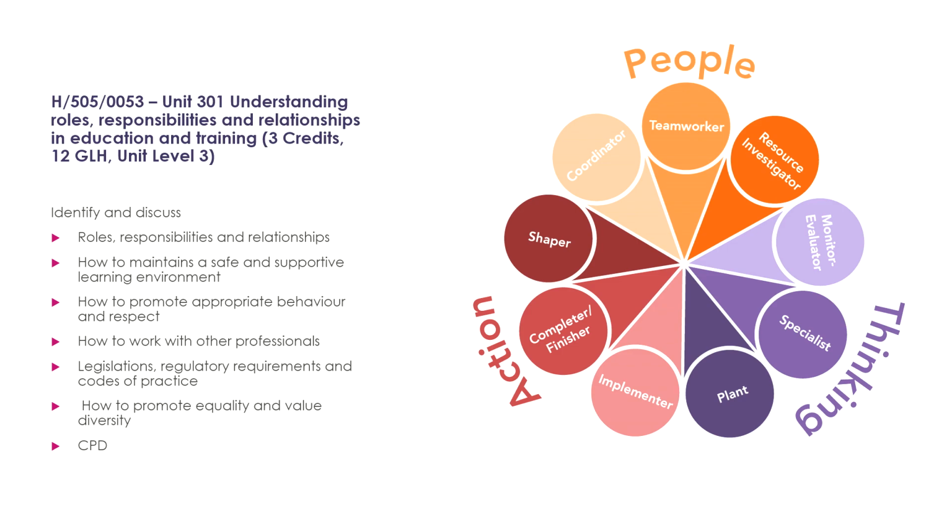And we will be discussing how to maintain a safe and supporting learning environment, and then we'll be looking at how to promote appropriate behavior and respect. Then we will look at how to work with other professionals. As part of that, we'll also be looking at legislation, regulatory requirements, and also the codes of practice. And we will also look at how to promote equality and value diversity.